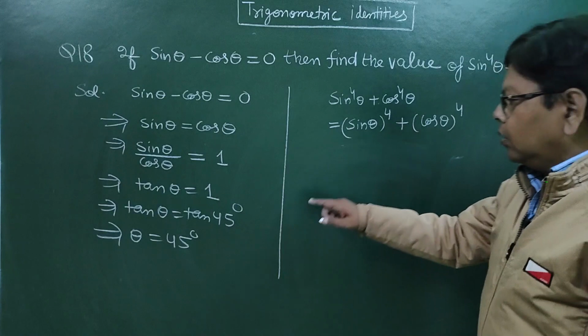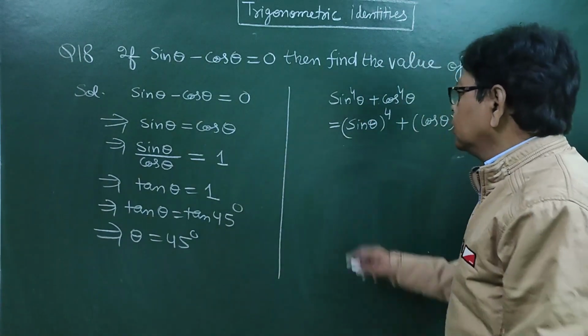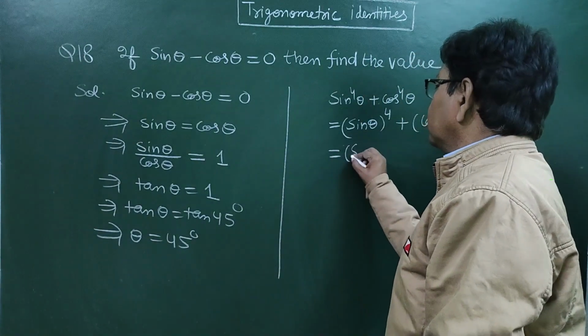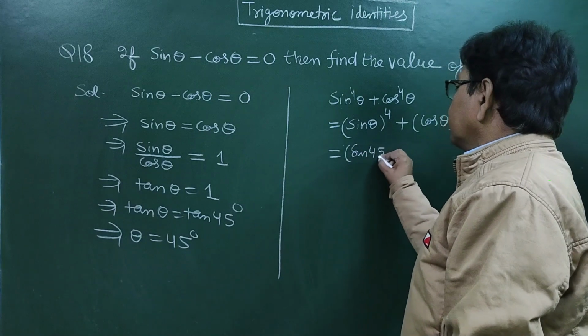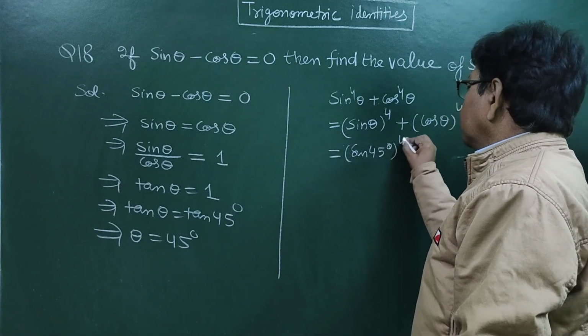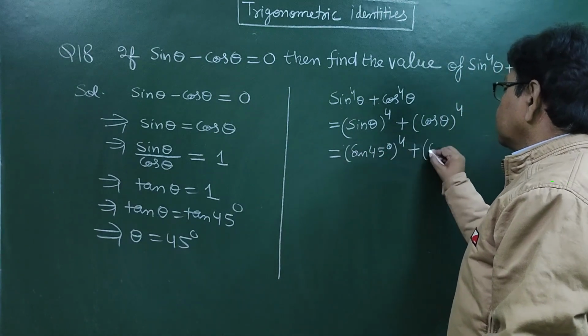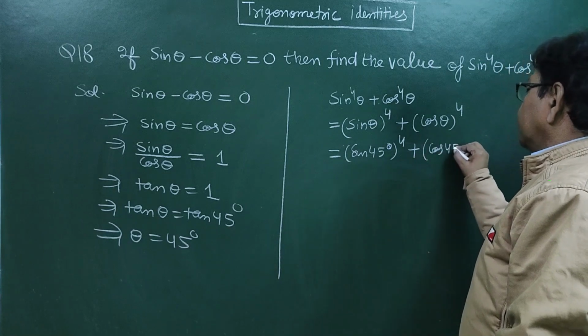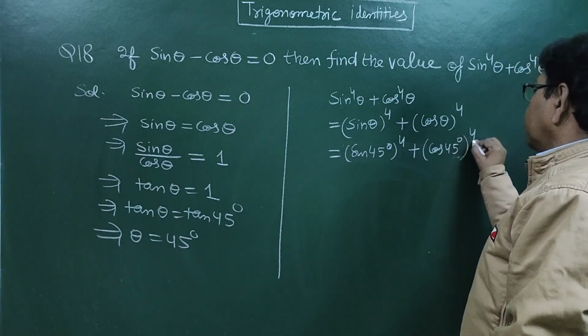And now put the angle theta here. So this is equal to (sin 45 degree) raised to the power 4 plus (cos 45 degree) raised to the power 4.